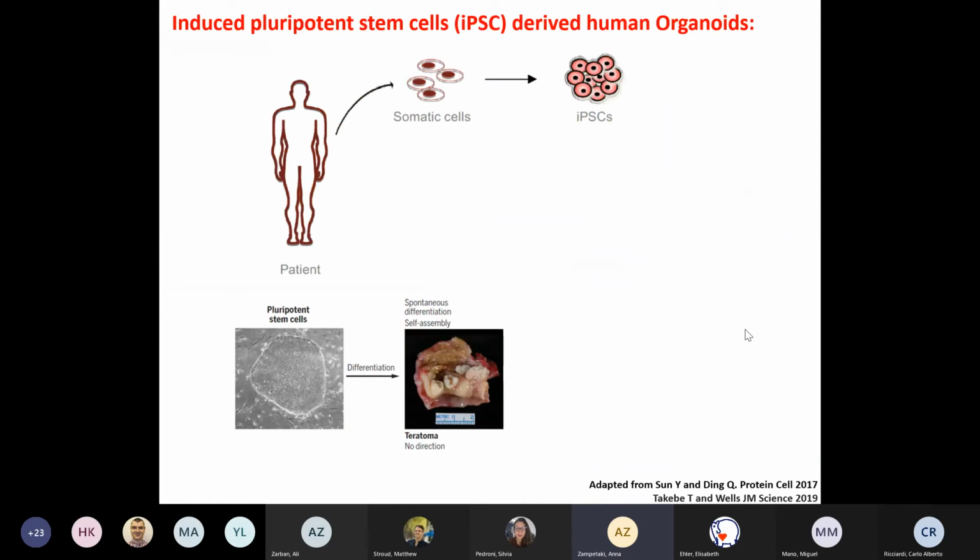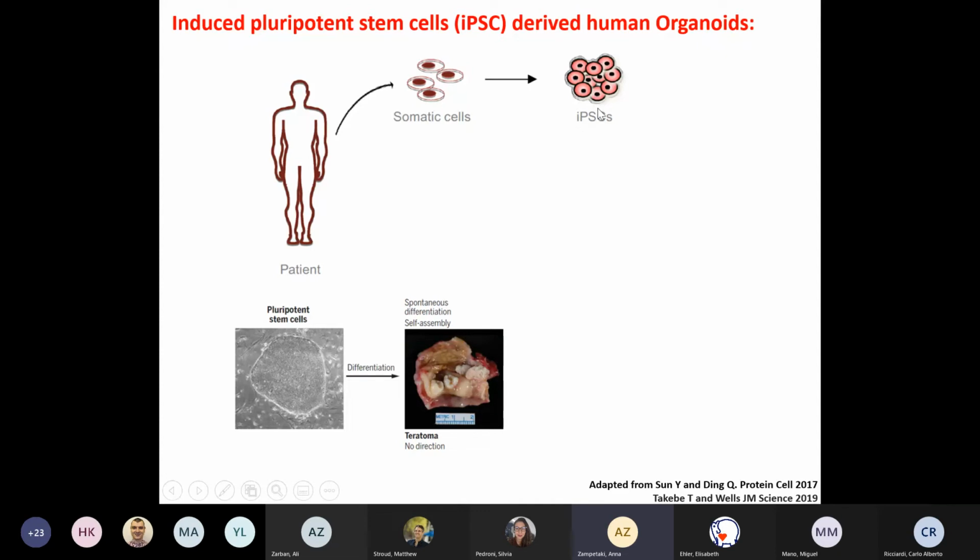Well, let's start with iPS, or induced pluripotent stem cell derived human organoids. Now, you can obtain iPS cells through reprogramming of somatic cells. These days, it's very easy. We have established protocols where from a few mils of peripheral blood, you can get monocytes and reprogram them to iPS.